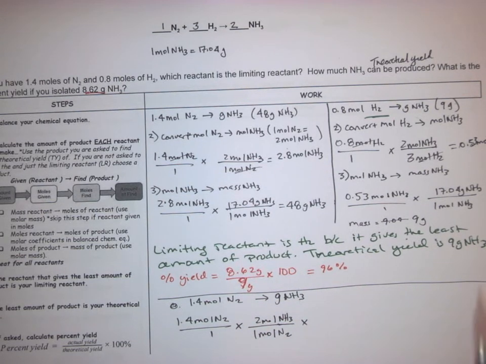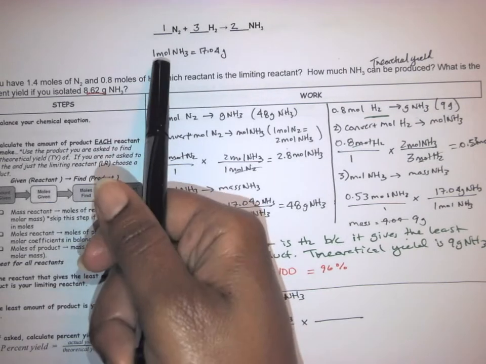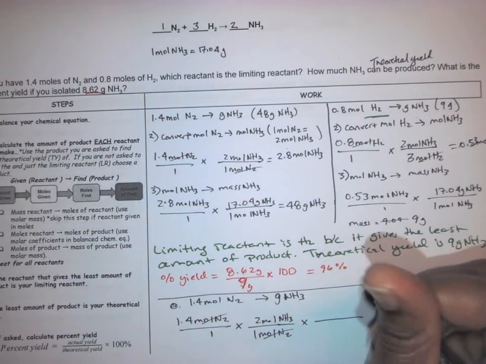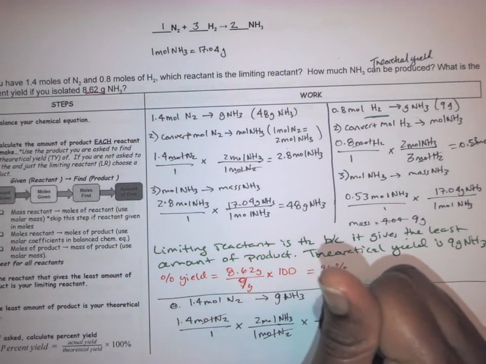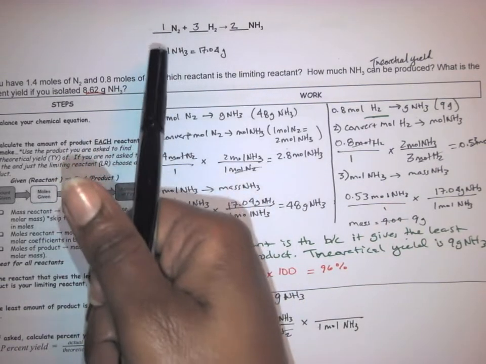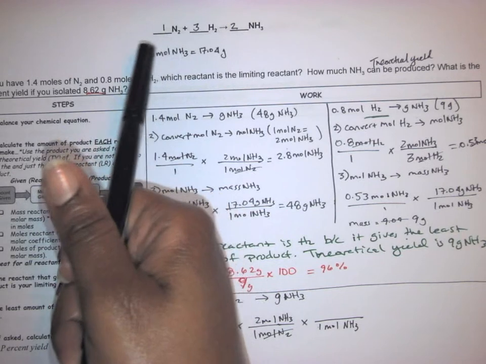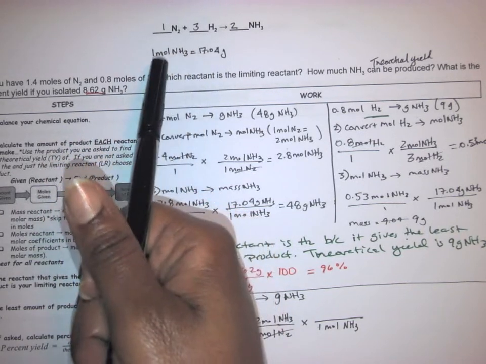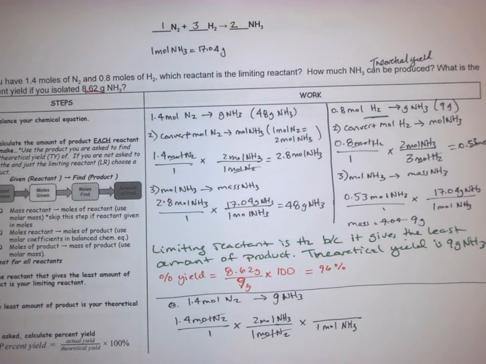Now I can convert from moles of NH3 to mass of NH3 by using the molar mass, which we found in the previous problem. So 1 mole NH3 goes on the bottom. And this one is not the same as that one. This one is from the fact that the molar mass is equivalent to 1 mole of the substance.